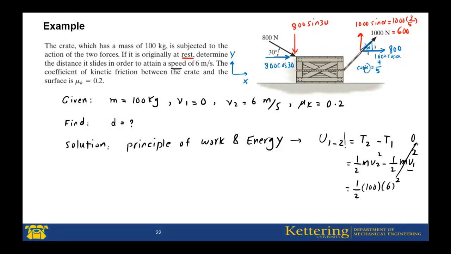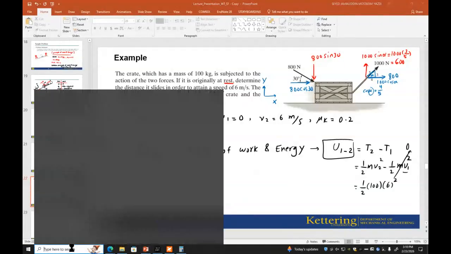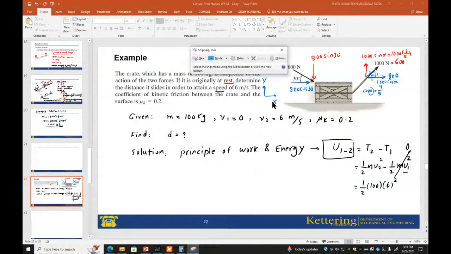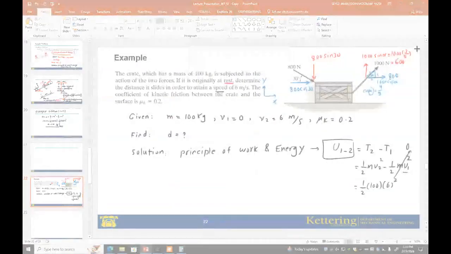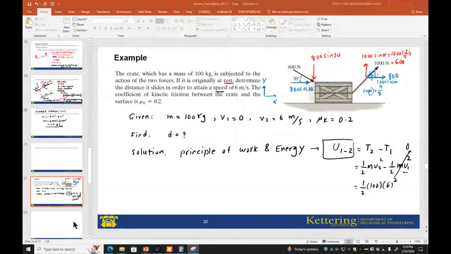What we need to find is the amount of work by all external forces. To find it, I need to draw a free body diagram. Because I already did this one here, I want to bring this one to the next slide.